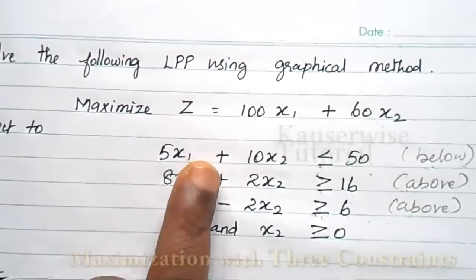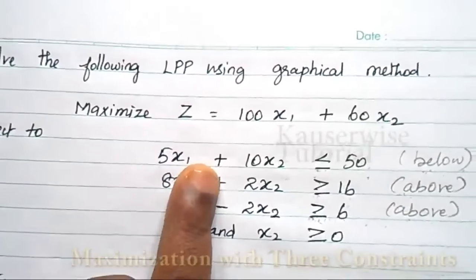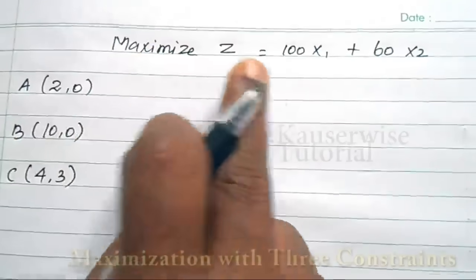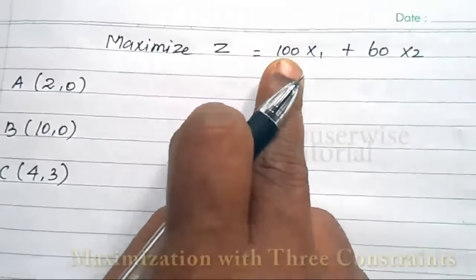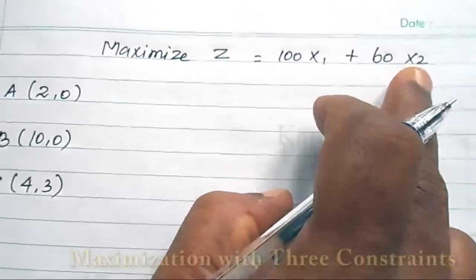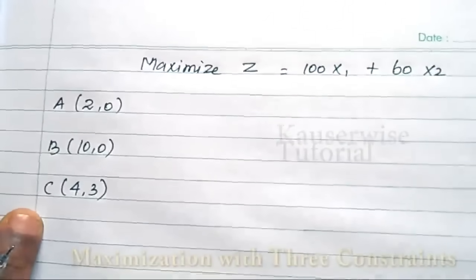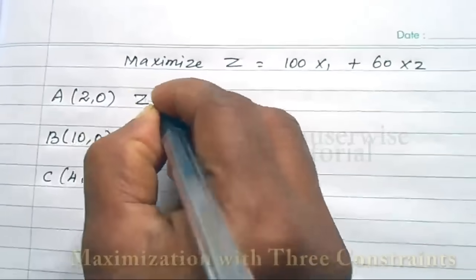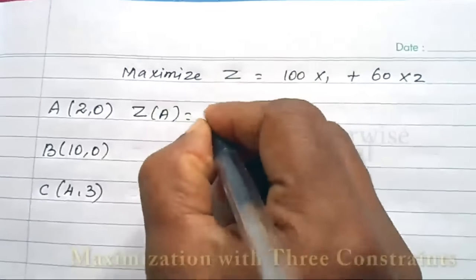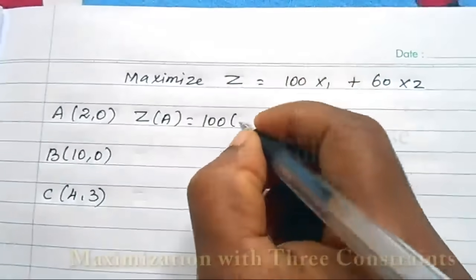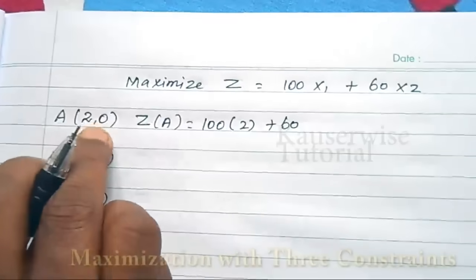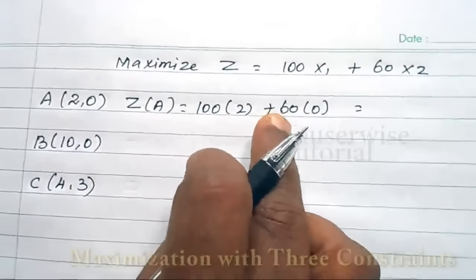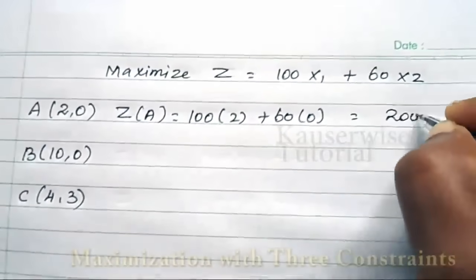Now substitute the x1 and x2 values of the 3 corners in the objective function to find the optimum solution. The objective function is maximize z equal to 100x1 plus 60x2. For A, z is 100 into 2, 200, plus 60 into 0, 0, so the answer is 200.